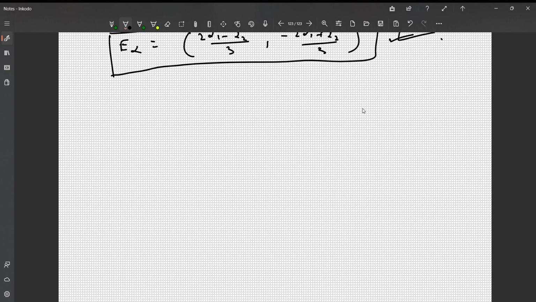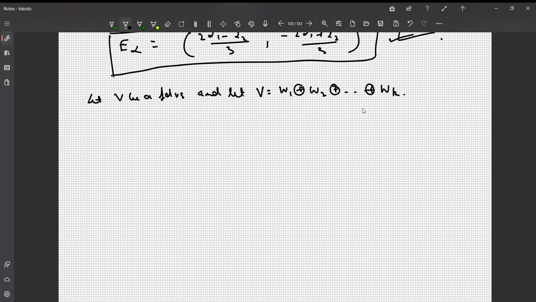Now, suppose you have a direct sum decomposition of a certain vector space. Let V be a finite dimensional vector space and let V be the direct sum of the subspaces W1 plus W2 and so on till Wk.